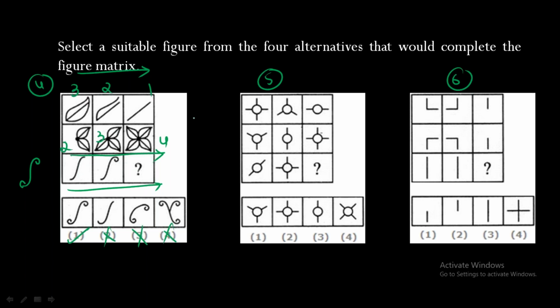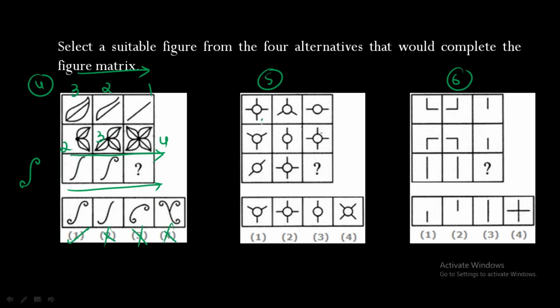As per this, 2, 3, 4 means increase, or 3 to 1 means decrease. If you have to remove, then remove. Next also you have to remove. Here one element, one shape is already added, you have to add one more. If you're adding one element, you have to add; if you want to remove, you have to remove one line. That's perfectly there in the first option, right?